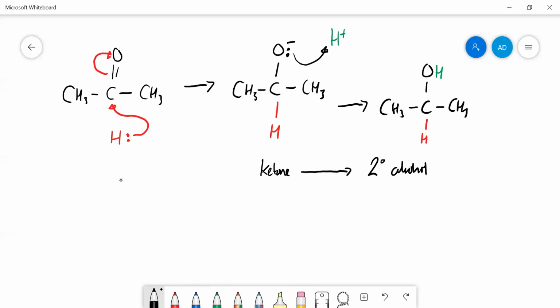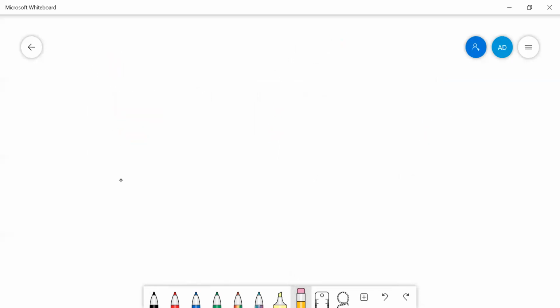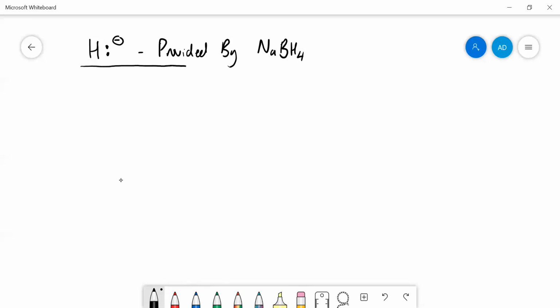Now, the hydride ion, we need to talk a little bit about what is the reagent for this reaction. The hydride ion is provided by sodium borohydride, NaBH4. That's the reagent.